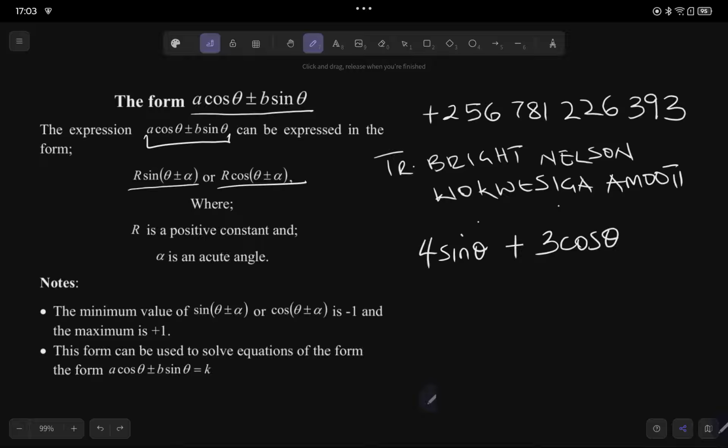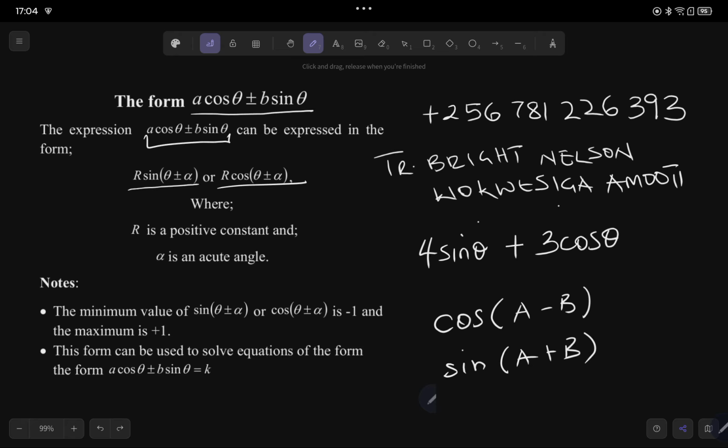Among our 4 addition formulae, we had the major ones of cos and sine. There were only 2 which had a plus in the middle, and these were cos of a minus b and sine of a plus b.